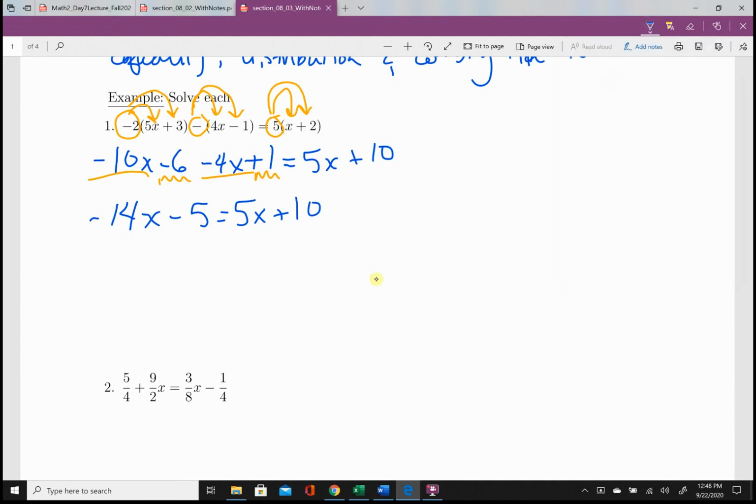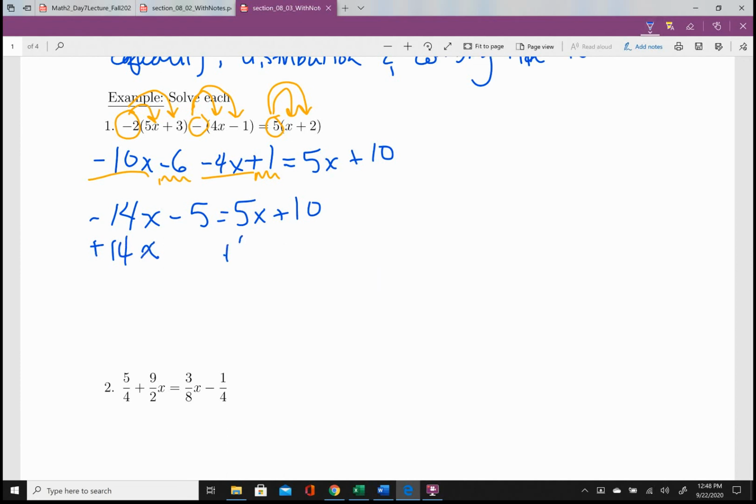I'm going to go ahead and stick with what I usually do, which is to add, excuse me, getting ahead of myself there. I'm going to add 14x to both sides. Why would I do that?